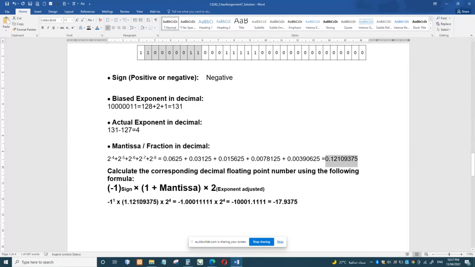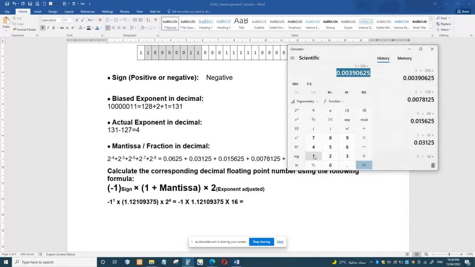So 1.12109375 into to the power 4, because our exponent is 4. Now you calculate minus 1 into 1.12109375 multiplied by to the power 4, which is 16. If you multiply all of them, then what will you get?